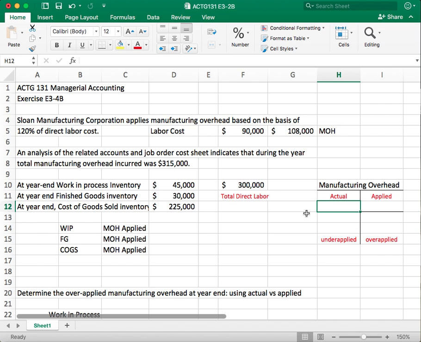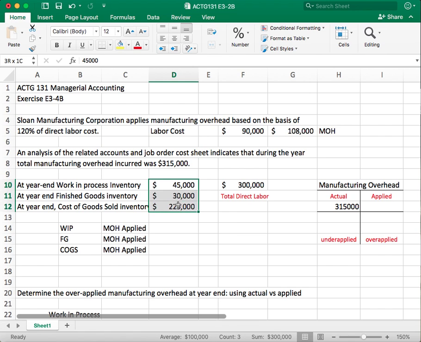Well, in the second sentence, we're told that actual manufacturing overhead incurred, that suggests that it's actual, is $115,000. In addition, we're given information about work in process, finished goods, and cost of goods sold. These are the actual direct labor amounts.